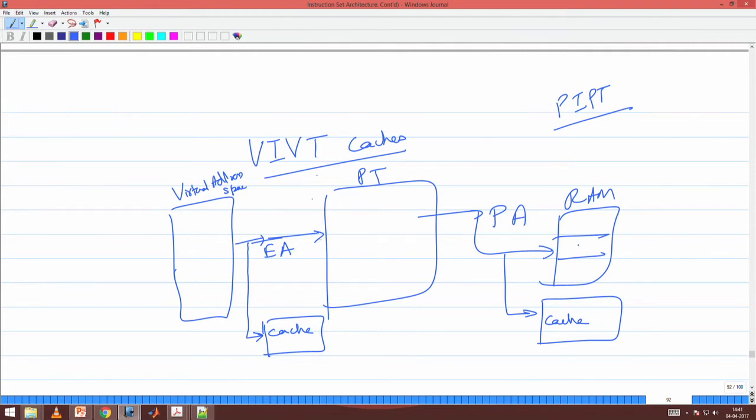Interestingly, this effective address is also, let me take the red pen here, having a bypass called the TLB, which you still remember, translation lookaside buffer. Here itself I will get this physical address if there is a TLB hit.